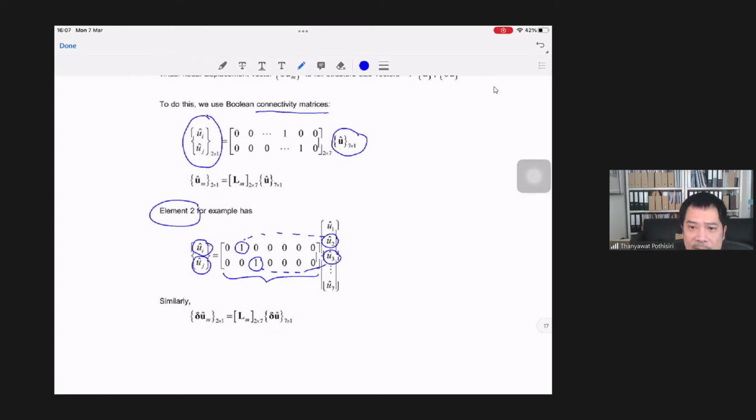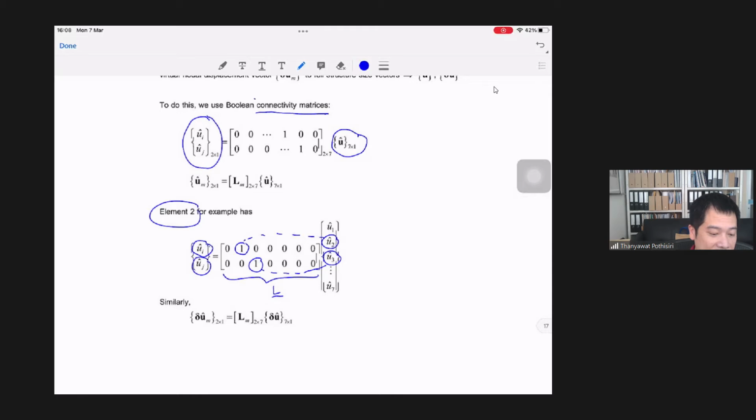So the connectivity matrix basically contains 0 and 1, with 1 located at the corresponding degree of freedom that matches between the nodal displacement of the structure and the nodal displacement of the element. You can write this connectivity matrix, let's call it an L matrix.